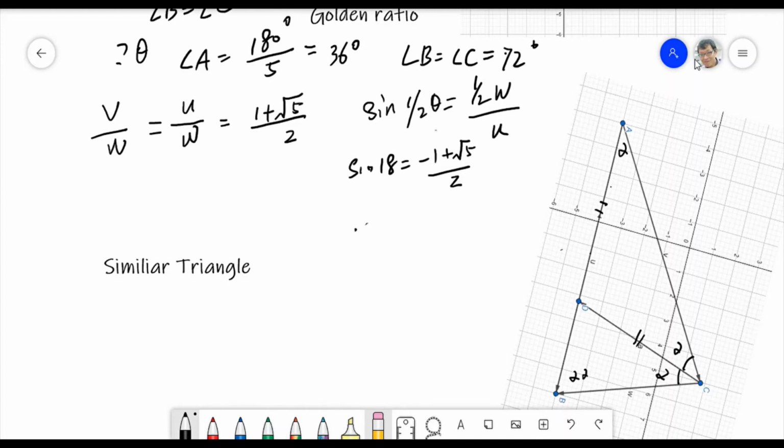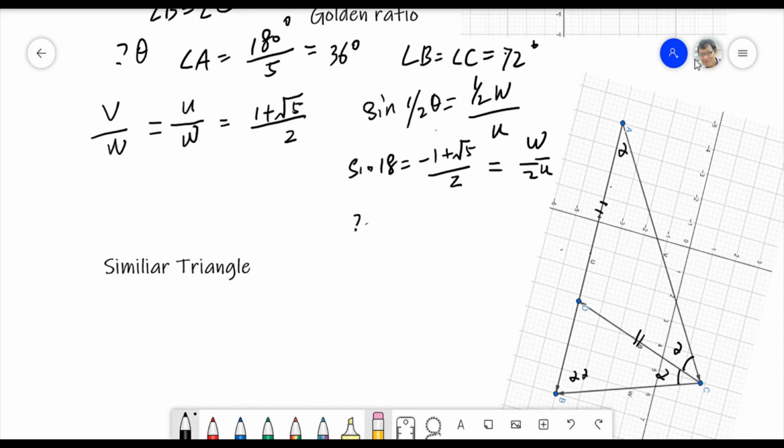There is a formula, so you can find the value of sine 18. So sine 18 equals this, and it also equals 1/2 of the W over U. So definitely we reverse both sides.